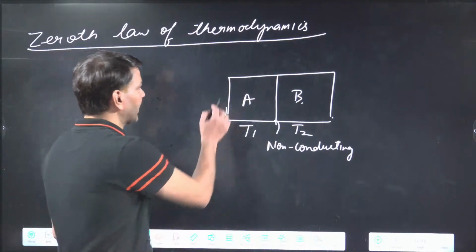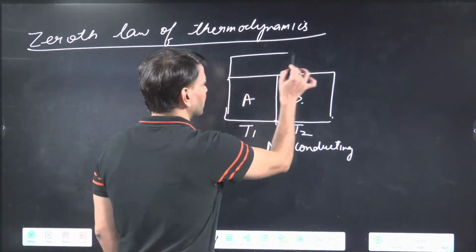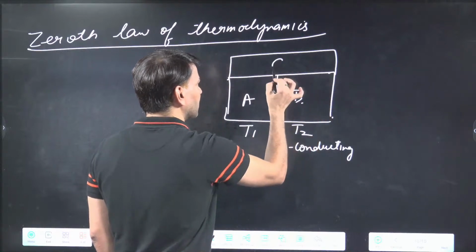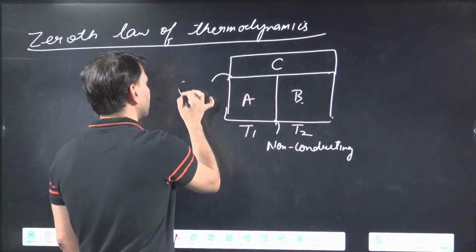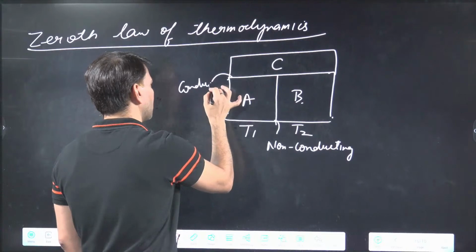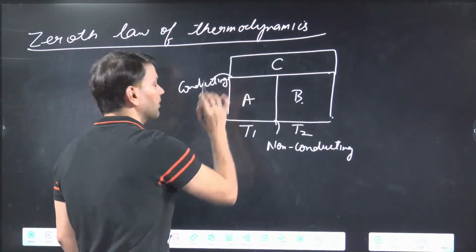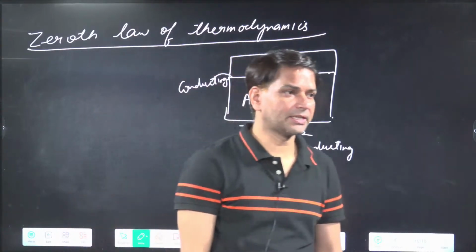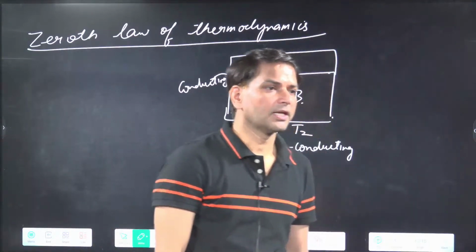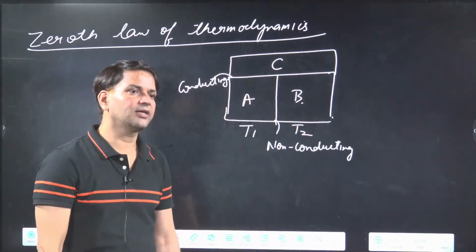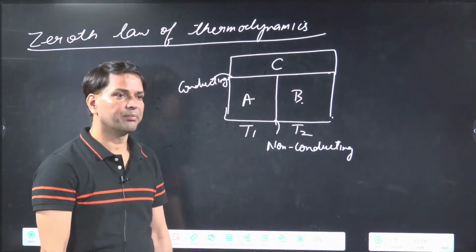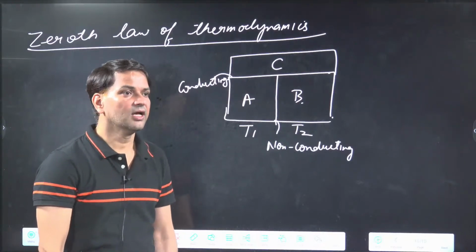Now suppose I put another container C on them like this, separated by a conducting wall. Now A and C can exchange heat, and B and C can exchange heat. So what will happen?